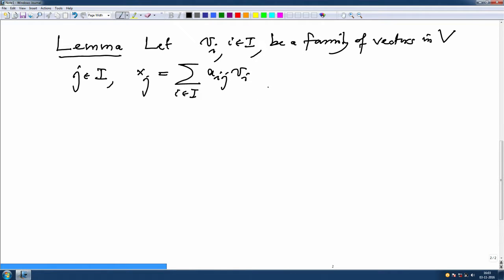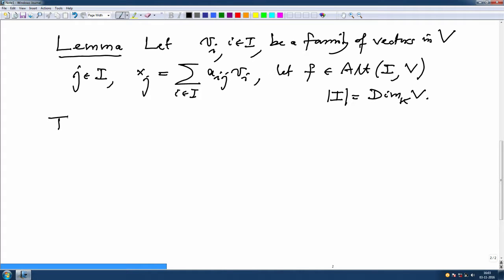And let F be an alternating multilinear form, and we take the cardinality of I equal to the dimension of V. Then, if I evaluate F on this tuple xj, I want to know what we get.